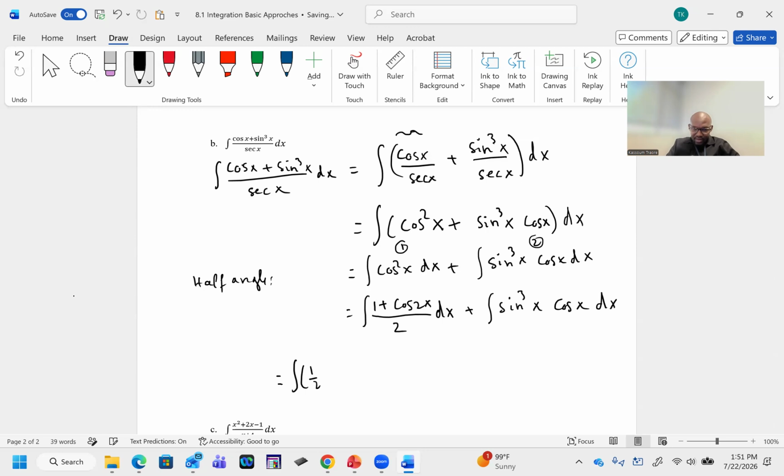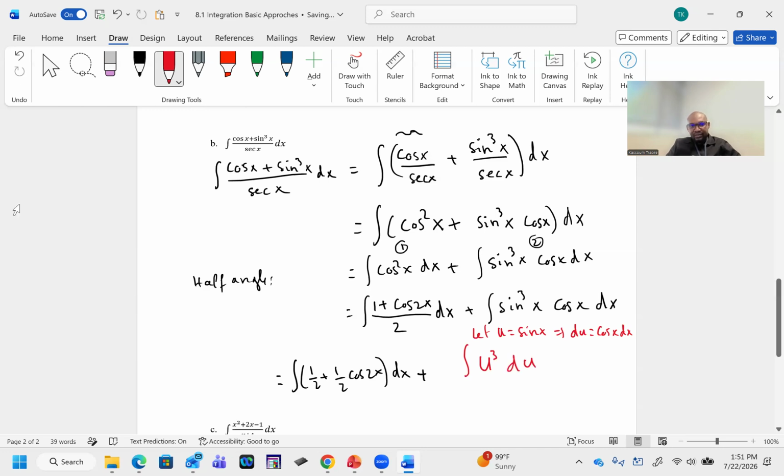So 1/2 plus 1/2 cosine of 2x dx plus, now for the second integration, I will say let u be equal to sine x. Then du will be what? Cosine of x dx, right? And that's what we have. So I will have plus u to the power of 3 du.